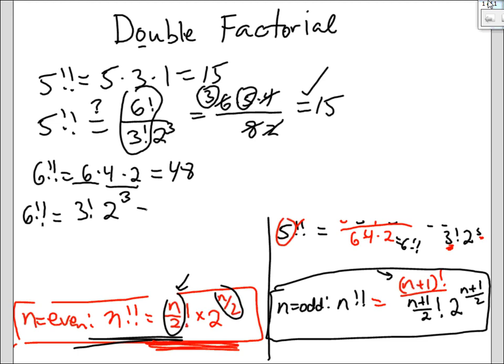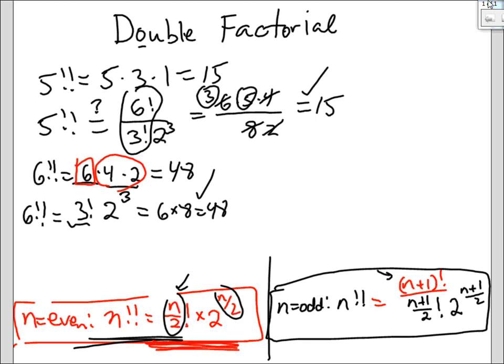And this works like a charm, because 3 times 2 is 6, times 2 cubed, which is 8, which is exactly what 4 times 2 is. So yes, we do get 48. So the formula works for those two examples, and it works in general.